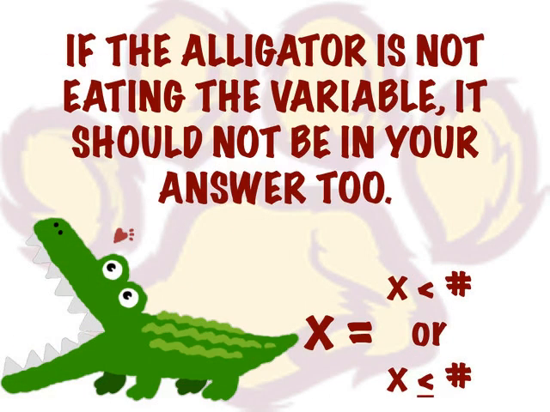If the alligator is not eating the variable after the first step, it should not be in your answer either. That means when the open end of the inequality sign is away from the variable, your answer should be either x is less than a number or x is less than or equal to some number.